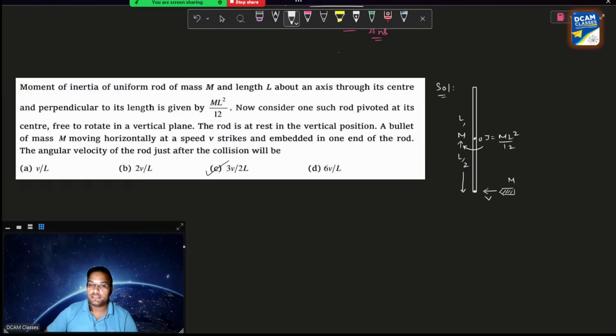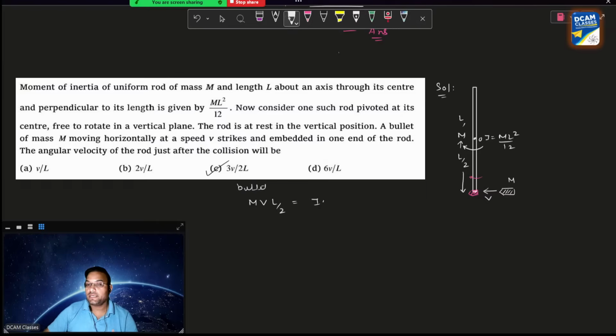So before collision, the angular momentum is mv into L by 2. This is for the bullet only, because only the bullet is moving. After collision, the bullet gets stuck into it, and then this whole part starts rotating.